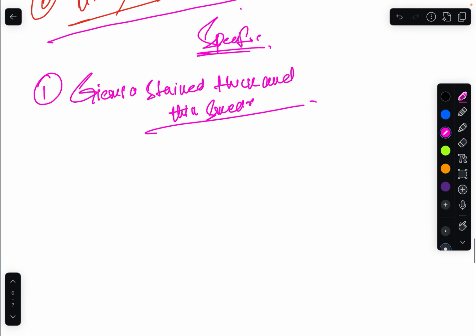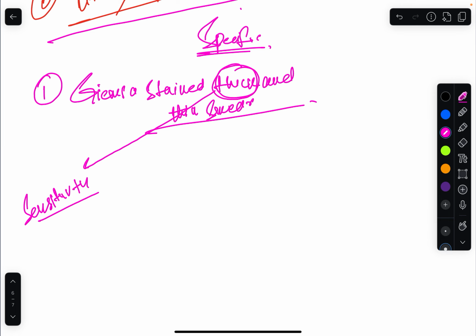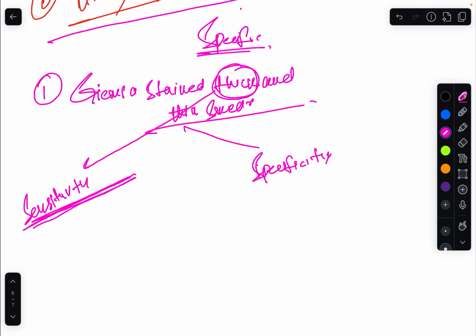Thick smear has high sensitivity and thin smear has high specificity. So thick smear will tell you whether the plasmodium is present or not. It answers a simple question, whether the plasmodium is present in the blood or not.